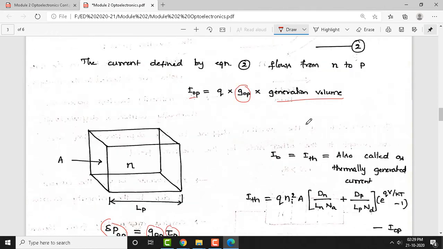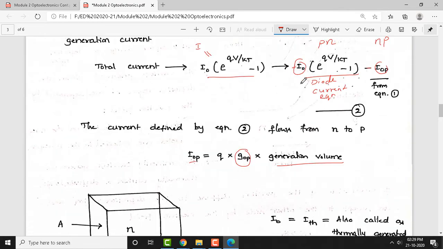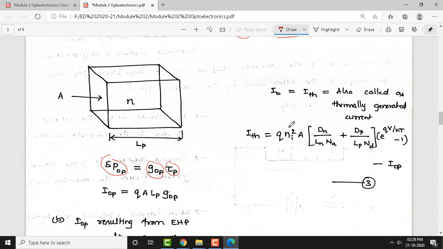And here we used the I naught equation; I naught is nothing but the reverse saturation current, given by this term. So, this is the total current I, which is I naught multiplied with this exponential term, minus I_OP, the optical current.